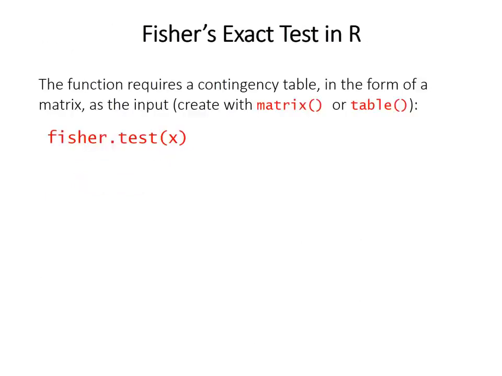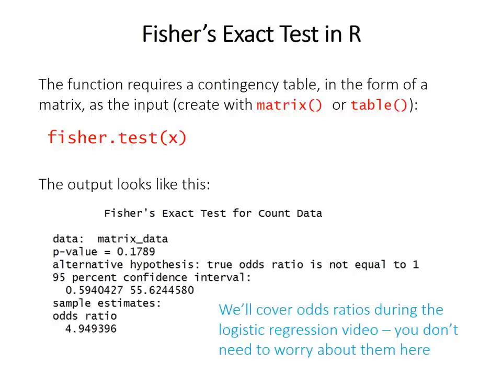So the R function is called fisher.test, and it requires a single contingency table as the input. And you'll typically have to make that table yourself, either using the function matrix or the function table, which you'll learn in class. And the output will look like this, at least for a 2x2 contingency table it will. The p-values are the key thing to focus on, and for now you can ignore the odds ratio statistics.